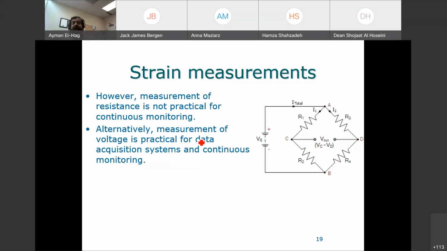So to do that, instead of measuring the change in the resistance, we can measure the change in the voltage. And we know that this is our formula. Whenever the bridge changes from being balanced to unbalanced, we know that is the formula. If it is balanced, V out is equal to 0.